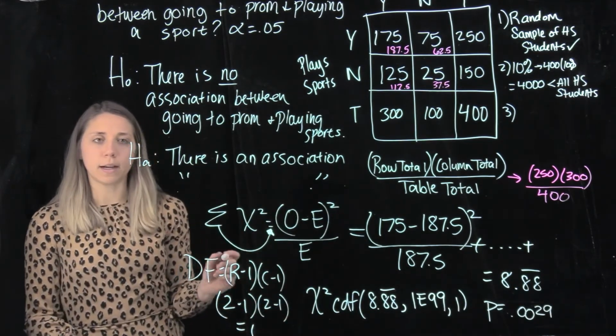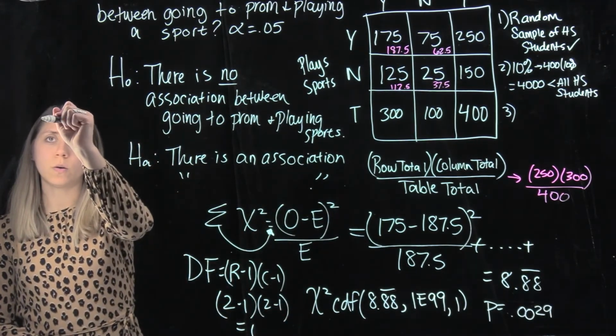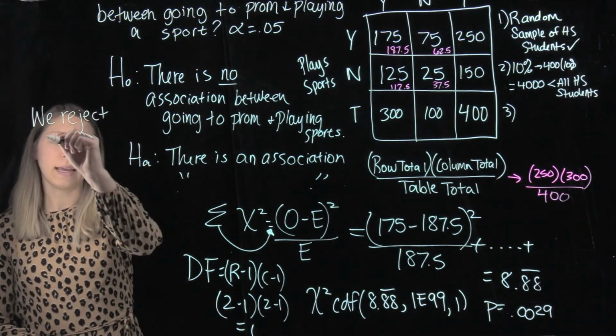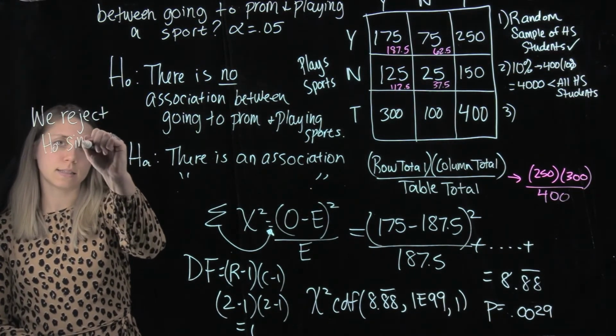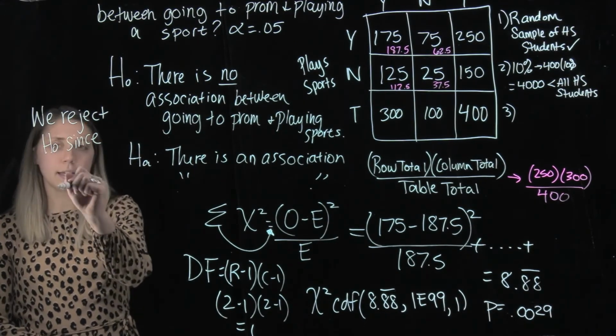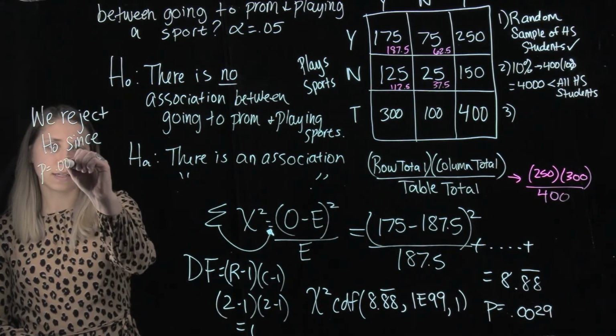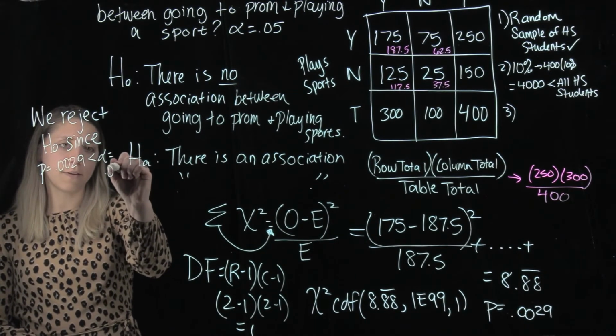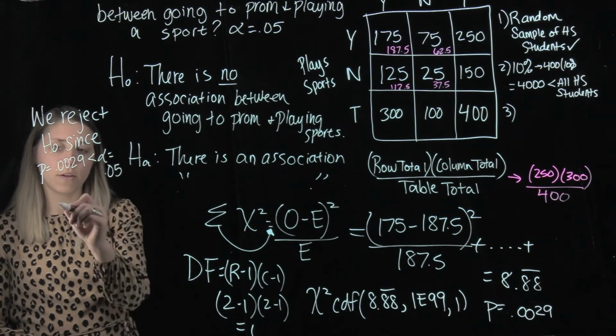From that, we can make our conclusion. So we reject H0 since your p-value of 0.0029 is less than where we usually set our alpha, which is 0.05.